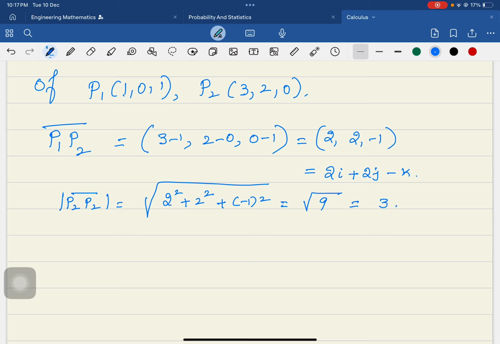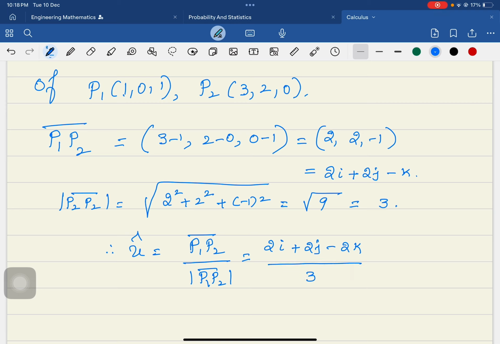So what is the unit vector now? We are writing the unit vector as P1 P2 bar over the modulus of P1 P2 bar, the magnitude of this. So now 2i plus 2j minus k is your P1 P2 over the magnitude, which is 3.